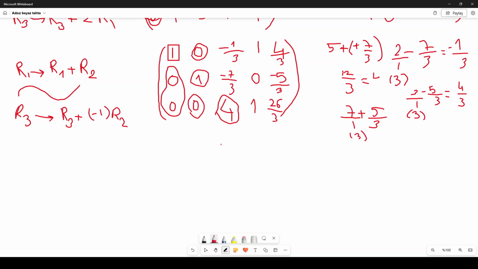So what should I do? Well, I need to convert this value to 1. And how can I do that? I replace row 3 by 1 over 4 times row 3.